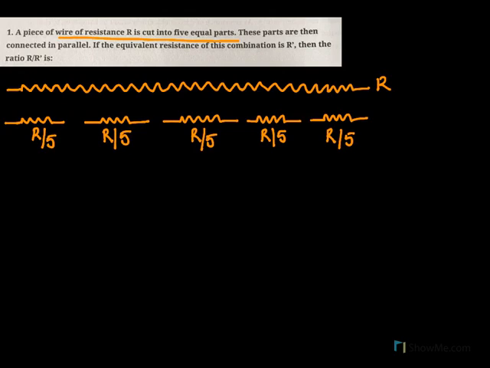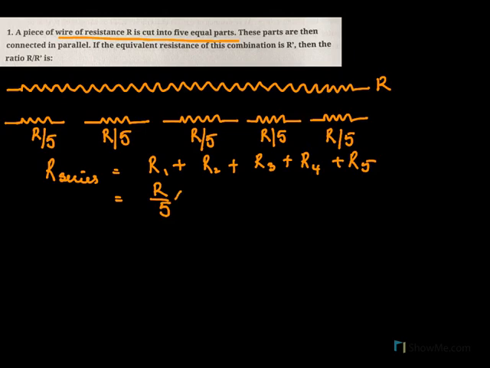If this entire resistance is connected in series, if we add up, the total resistance, you'll agree, is R. R in series will be R1 plus R2 plus R3 plus R4 plus R5, and this will be R by 5 into 5. So the resistance in series here will be R.